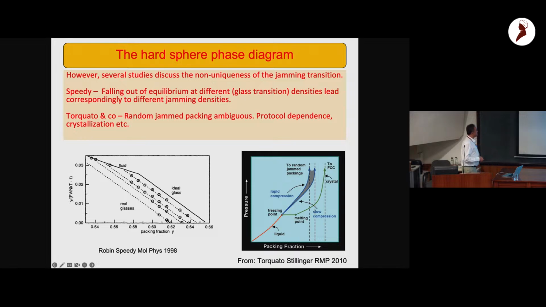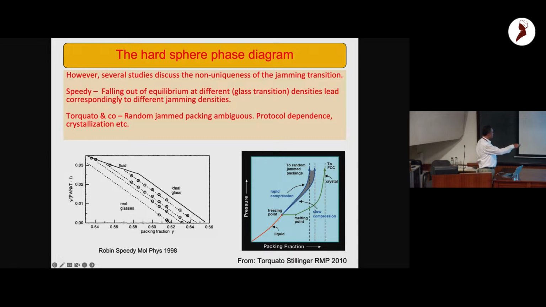Okay, so the basic idea is as follows. If you look at this graph here, which is from a numerical investigation by Robin Speedy, where he looked at a hard sphere fluid, what is plotted here is the inverse of the pressure.